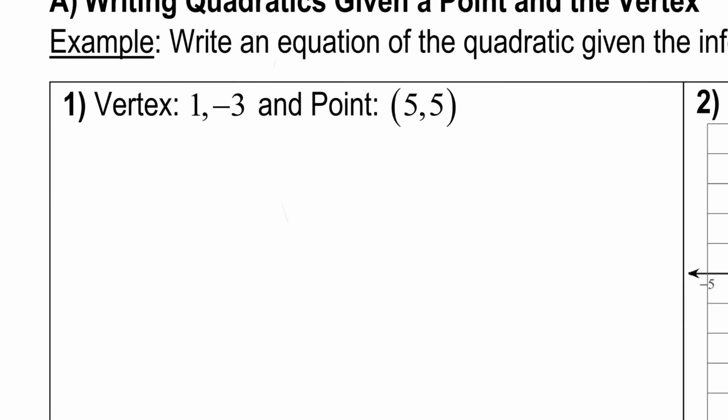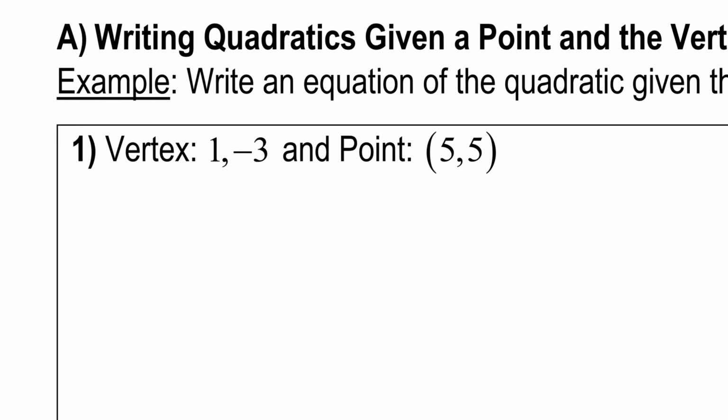Alright, so the first thing, I have my vertex. Of course, my vertex, if you label these, are h, k, and my point, whatever point it gives me, is always x and y. Okay? So here's what I'm going to do.